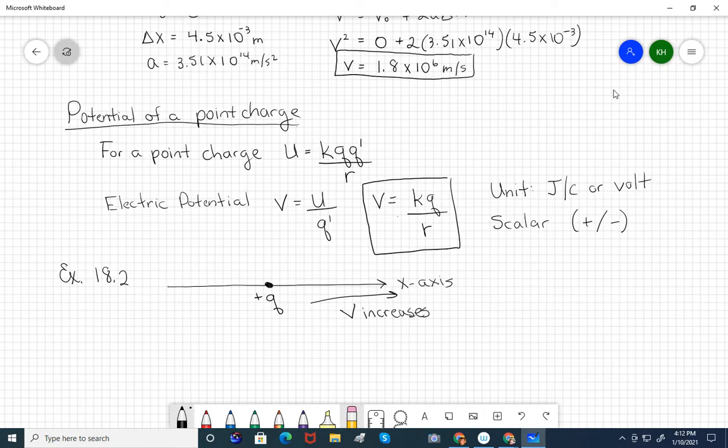The question wants to know, what is the direction of force on the charge? Well, if the potential is increasing as we move to the right, that means the direction of force is actually to the left.